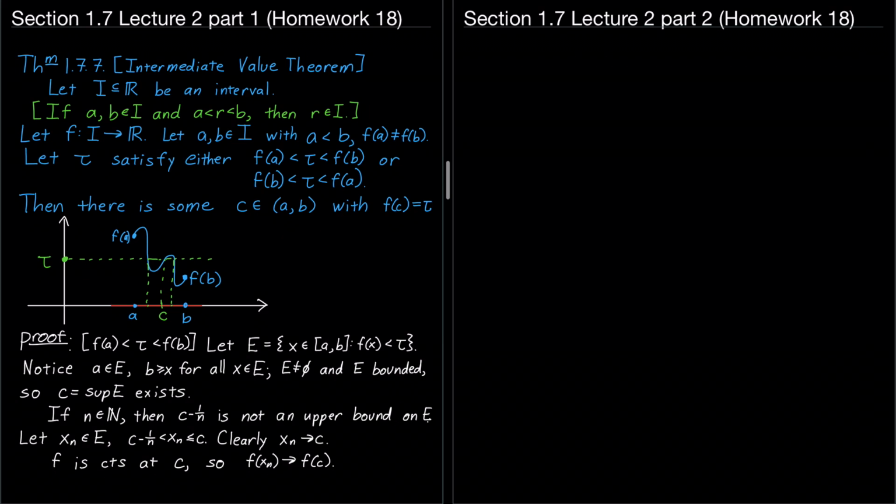You can use your epsilon definition if you want. And the conclusion is that, since each f of xn is less than tau, f of c, their limit, is less than or equal to tau. Might be equal to, but it certainly can't be any bigger.